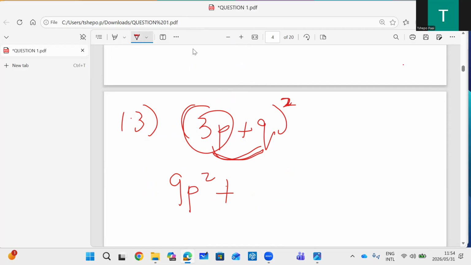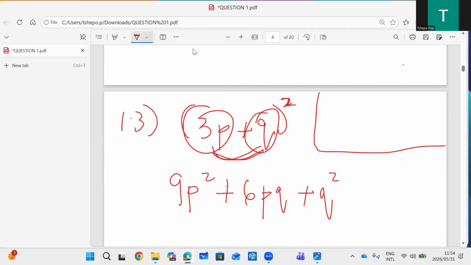Multiply these two times: 3p times q is 3pq, times that 2 up there, it becomes 6pq. Then you square q. If you square q, what do you get? You get q squared. But remember, you are told that 9p squared plus q squared equals 12. You are given that.